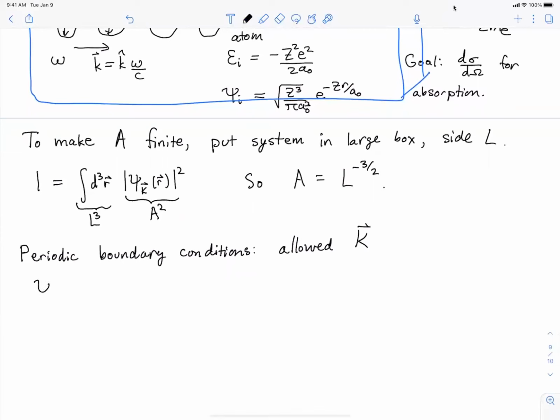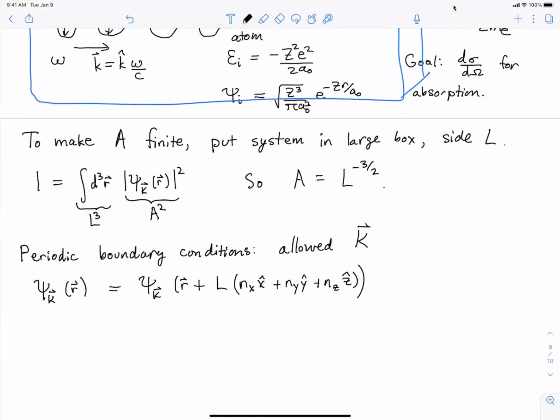So that means psi K of r is supposed to equal psi K of r plus L times any integer times x hat plus any integer times y hat plus any integer times z hat.